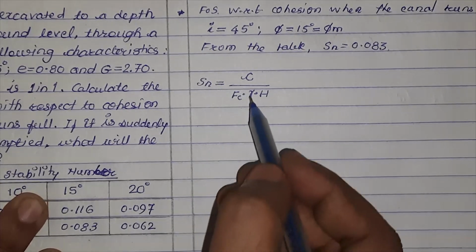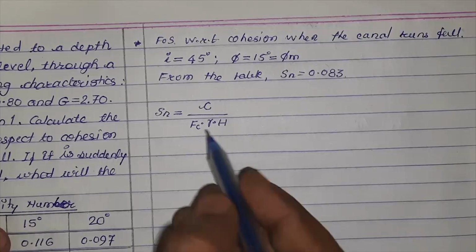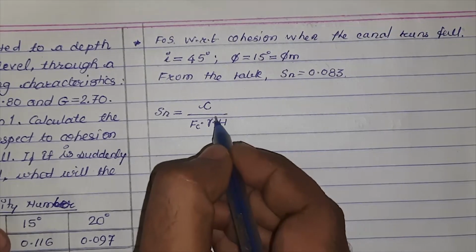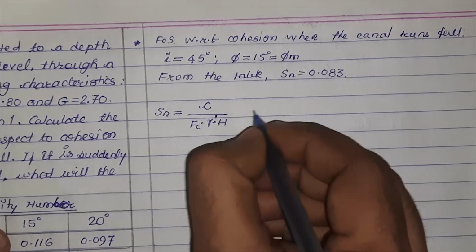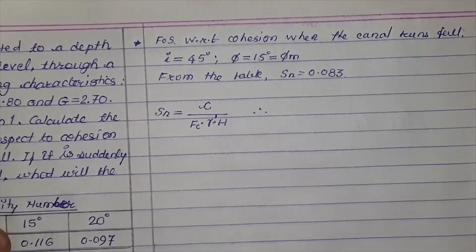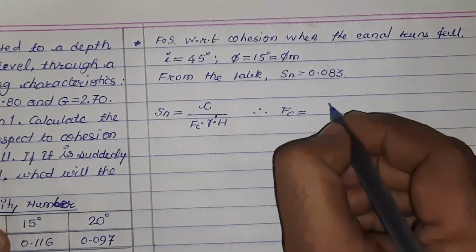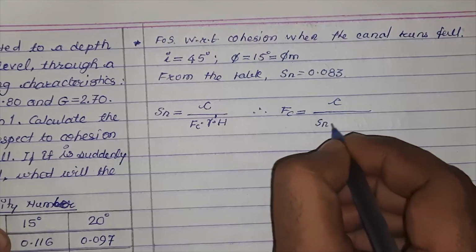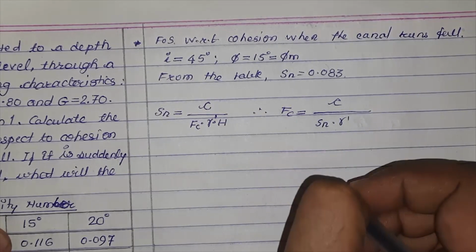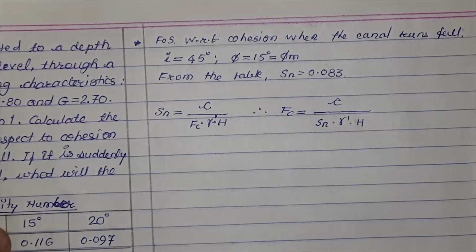In this case, when the canal runs full, we will be using this gamma value as gamma submerged. Rearranging the terms, Fc is equal to C divided by Sn multiplied by gamma submerged multiplied by H.